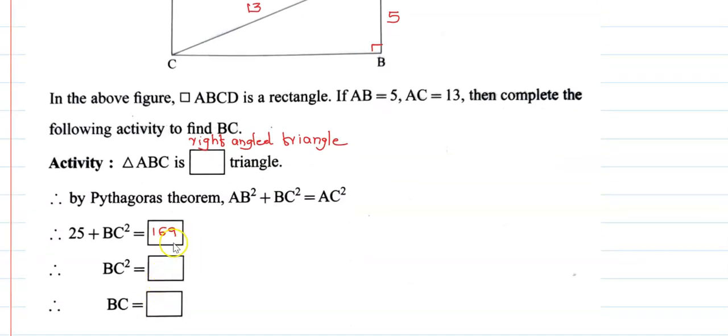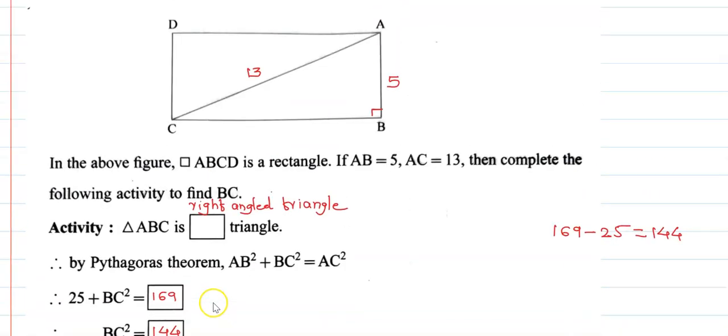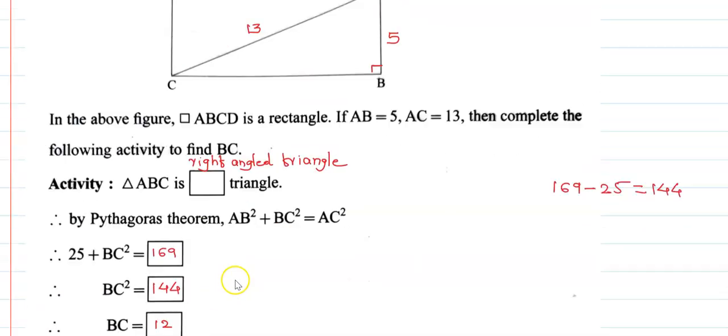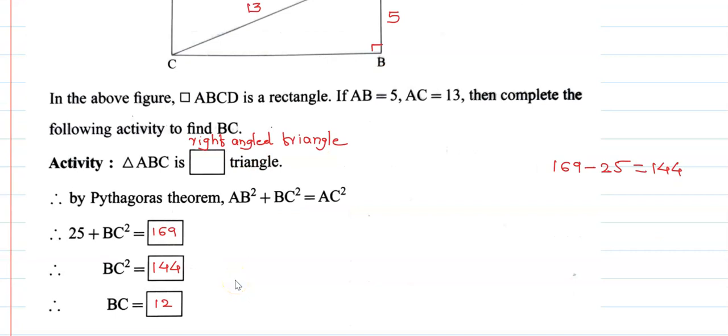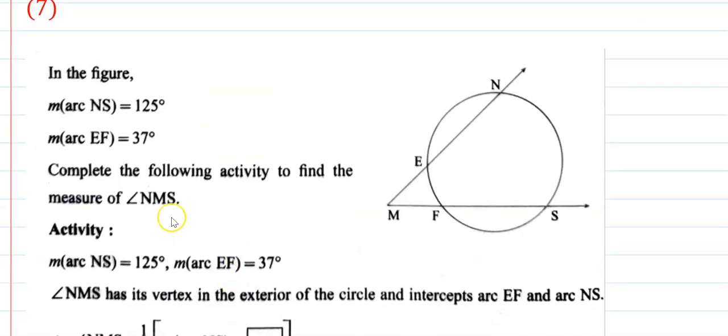And therefore, BC square is equal to 169 minus 25, then you will get 144. And therefore, BC square is equal to 144 and BC is equal to 12. So the value of BC. Okay, now the next activity.